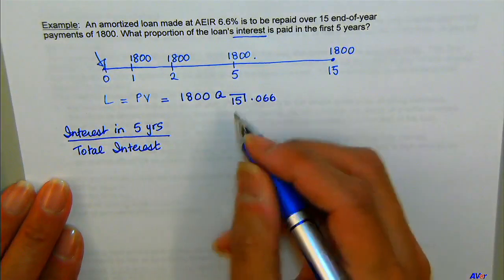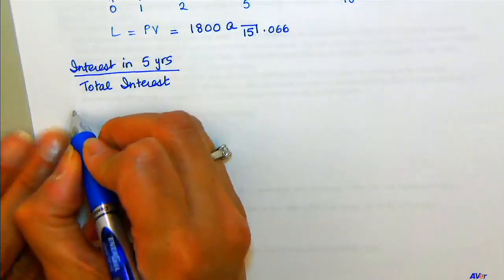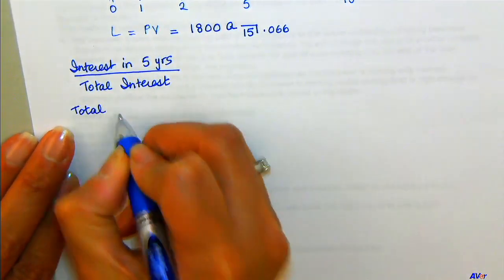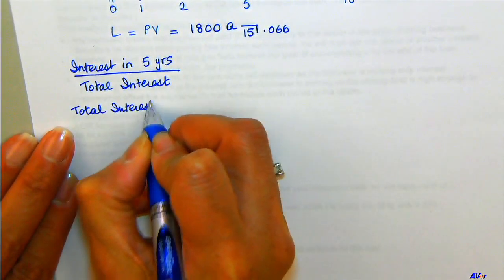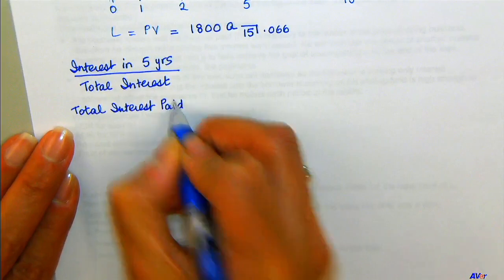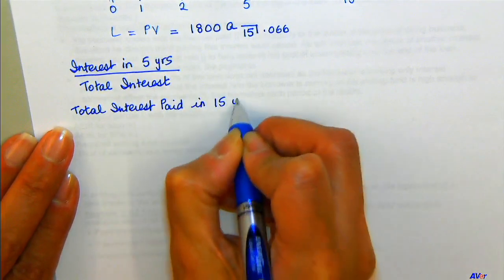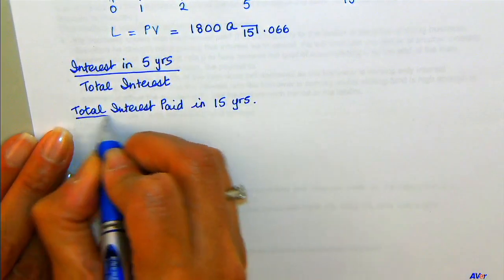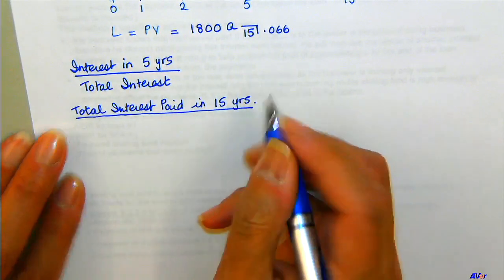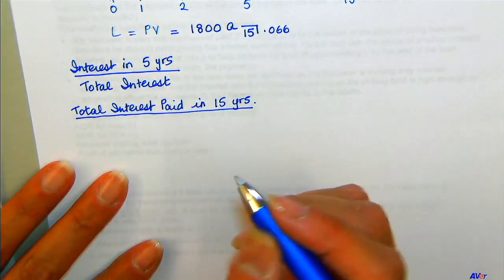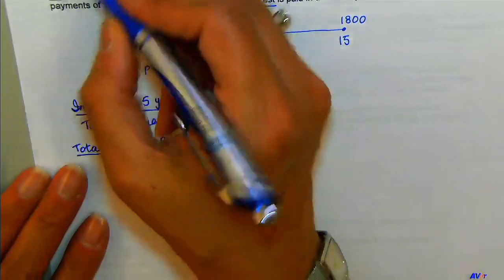So let's talk about the bottom first. Total interest paid in 15 years. There's a formula for interest paid in n years. I'll write it on the top.